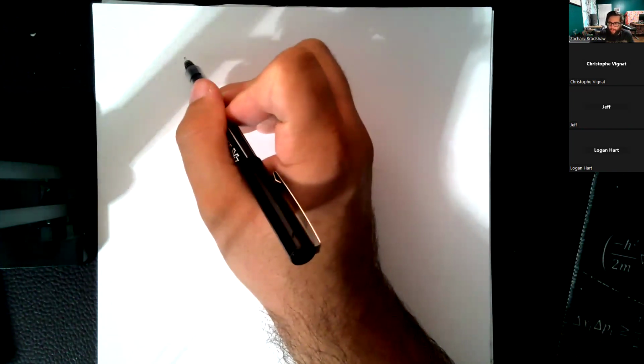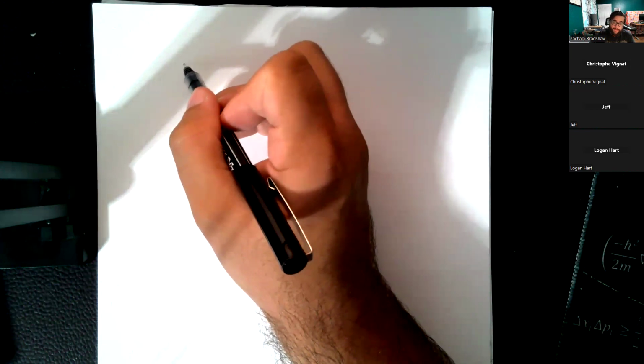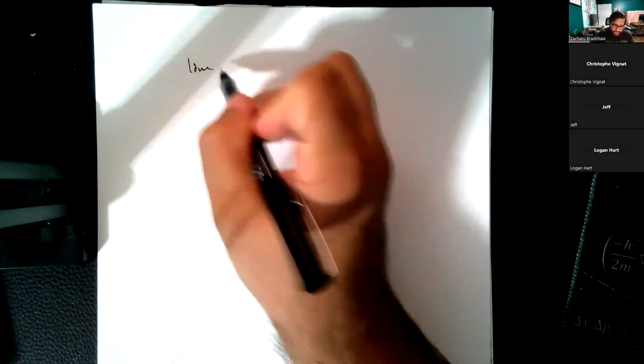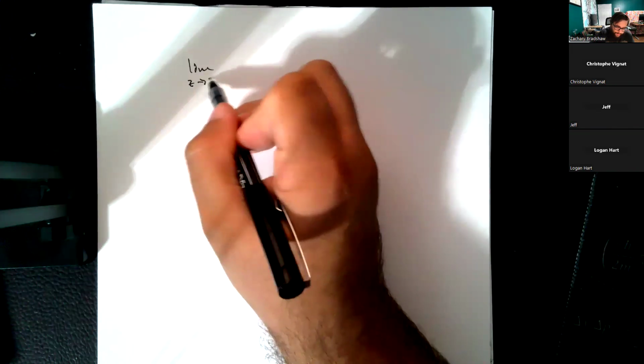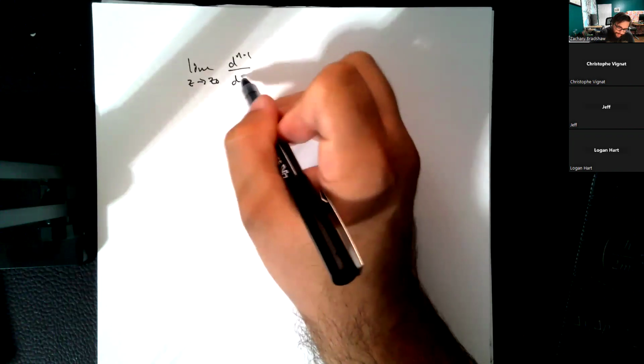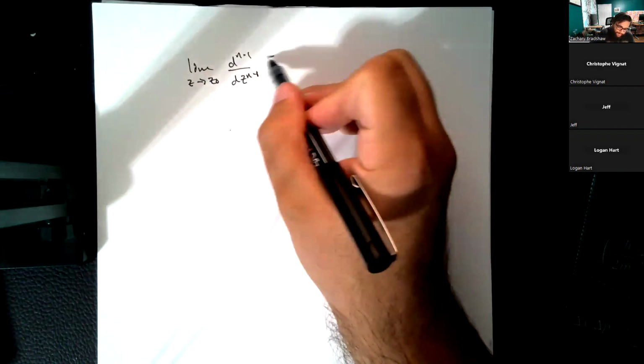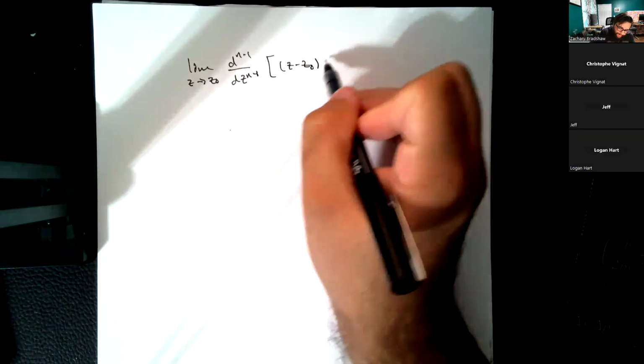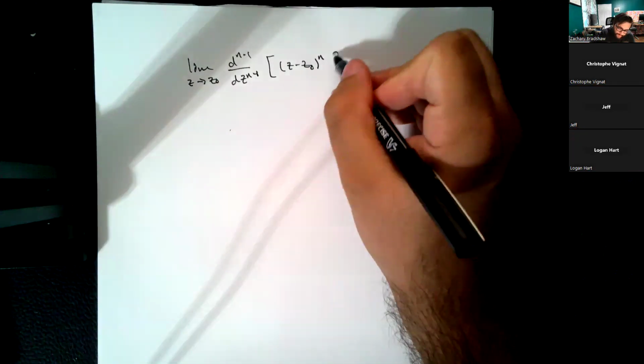I think it's something like: if you have a pole of order n, then your residue will be the limit as z goes to z naught of d^(n-1)/dz^(n-1) of (z minus z naught)^n f of z. Yeah, that makes sense. Okay, so there's your general rule for poles of order n.